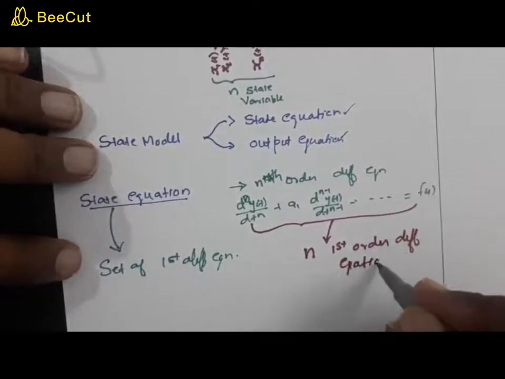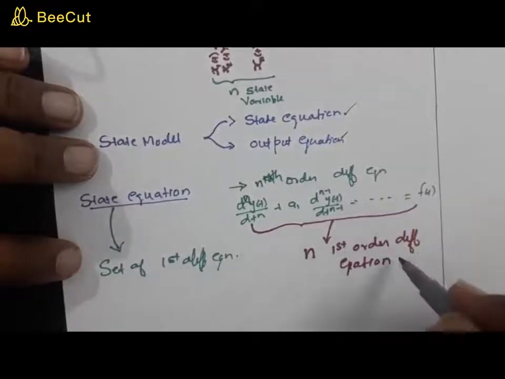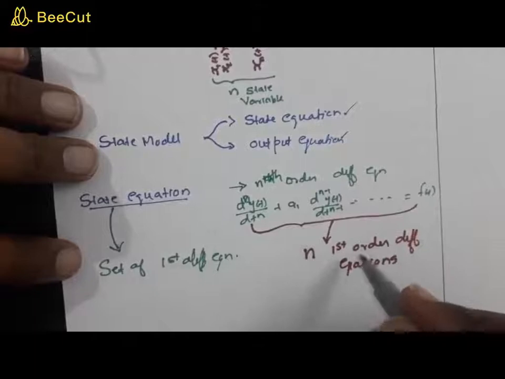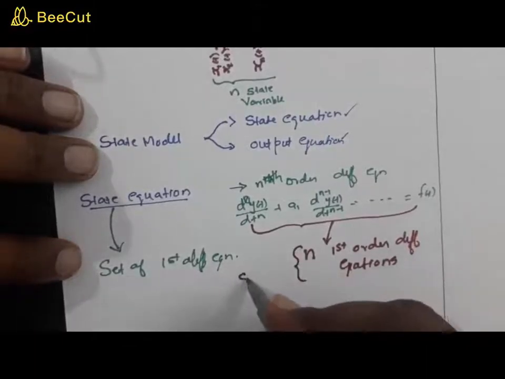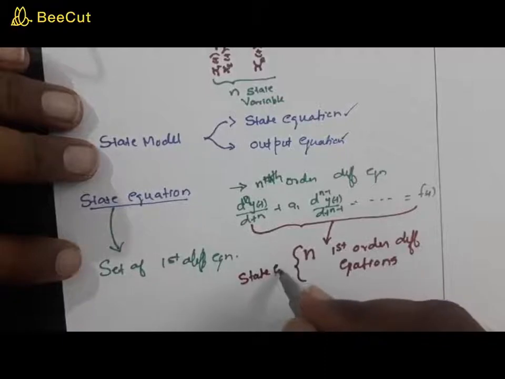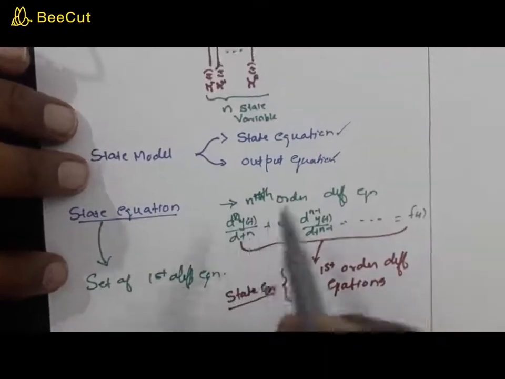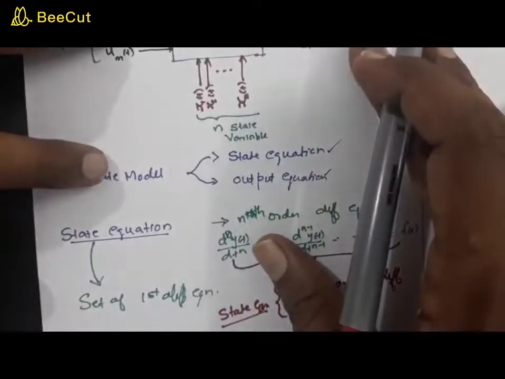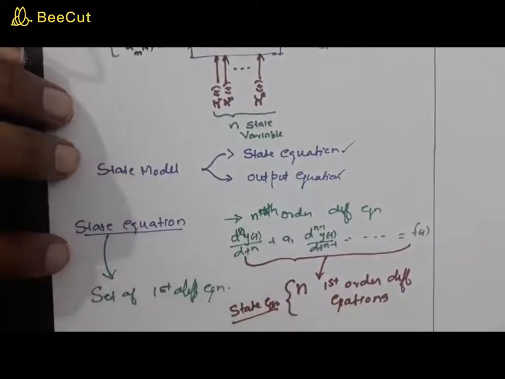The set of these n first order differential equations is called the state equations. So in a sense, for a system having an nth order differential equation, you will have n state equations.